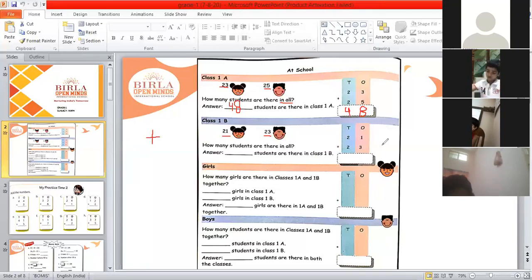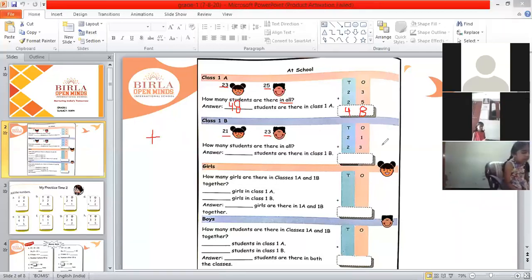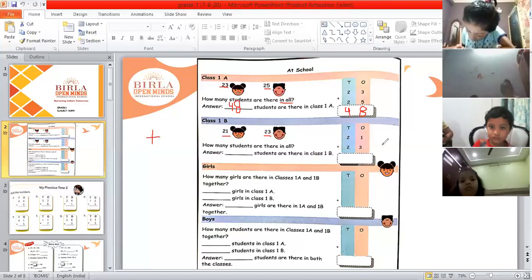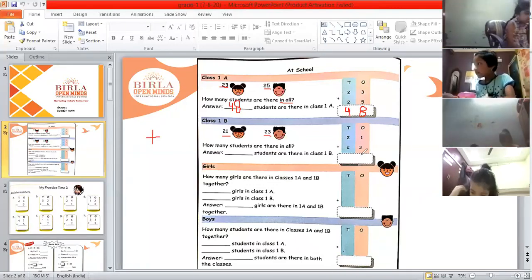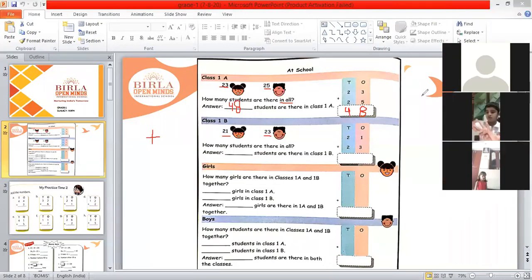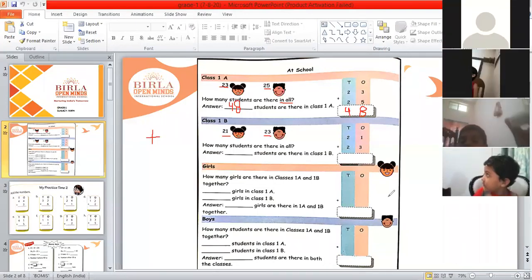First you should know how to read this question, and you have to read this question now. Hanvit, read this question. Look here, Hanvit. I'm moving my cursor here. What is there in the tens place and ones place?